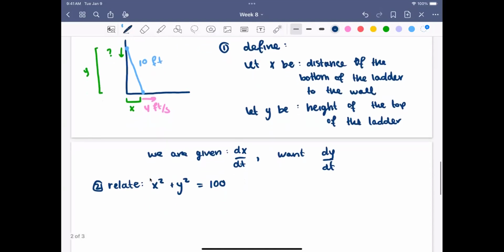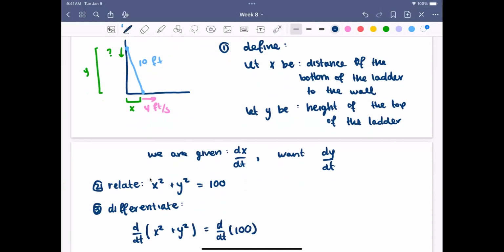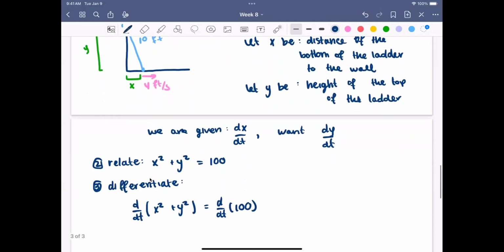Okay, are there questions about that? Okay, so now let's differentiate both sides. We'll take d/dt of x squared plus y squared is equal to d/dt of 100. So what do I get for the left-hand side of this equation, what is d/dt of x squared plus y squared?